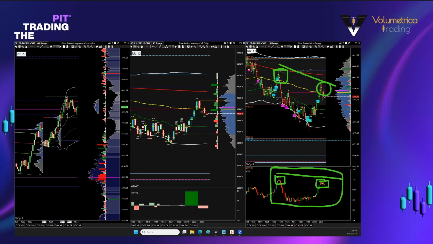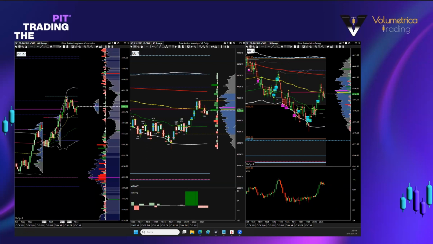Of course, CVD is showing the strength of the main move and the retracement. If this is a retracement of a downtrend, it is a genuine one, because also delta is making so far a lower high.